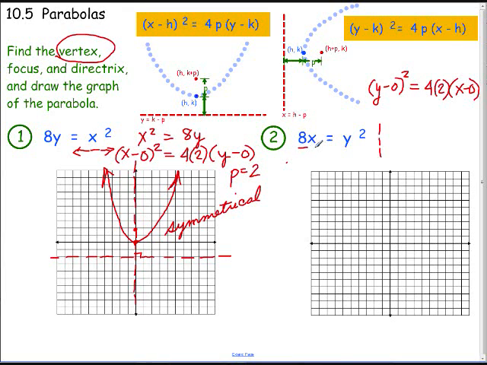I know what my distance is from my vertex. My vertex, again, is at 0, 0. My directrix is going to be vertical, because it's y squared. My p is a positive 2, so I move away from my vertex by 2, and I'm ready to draw this thing. Okay?